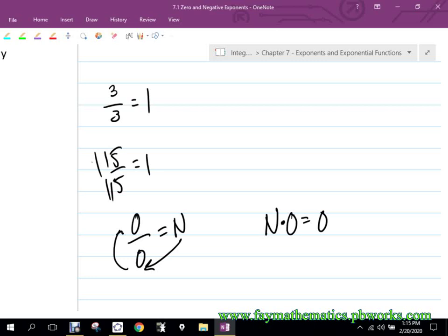Maybe it'd have to be a ballpark idea, but when we don't know something, kind of like undefined, a synonym for undefined is indeterminate. So does that kind of help you see all these facts that you guys have been told throughout your years? Can't divide by 0, 0 divided by 0 is undefined, that kind of stuff. There's logic why. There's reason why. Hopefully that sheds a little light on those reasons.